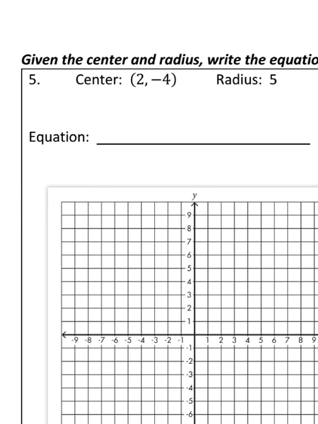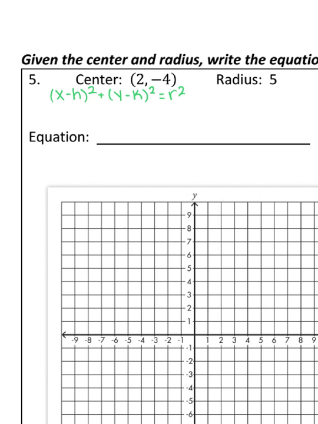So obviously it's not at the origin, which means we're going to need to use the slightly more complicated equation of (x minus h) squared plus (y minus k) squared equals r squared. All we have to do is substitute these in.